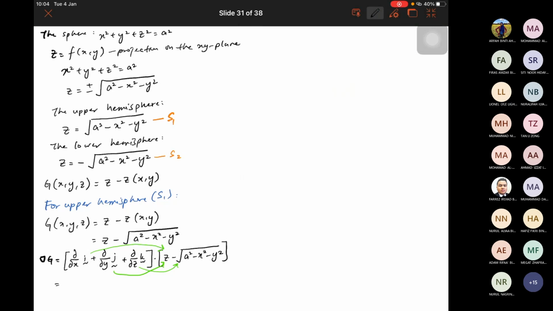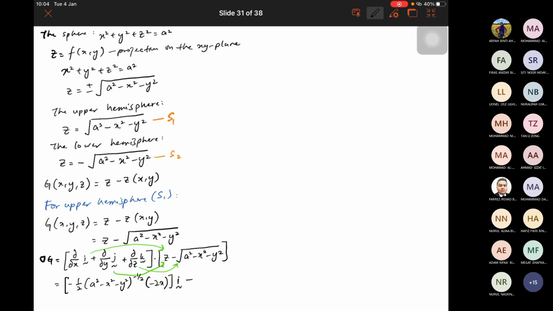So we get negative 1/2 (a squared minus x squared minus y squared) to the power of negative 1/2, because 1/2 minus 1 is negative 1/2, times negative 2x. This is for the i component.